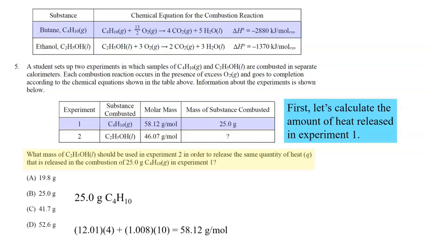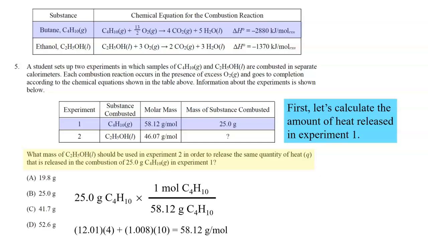and then based on the information from the periodic table, as well as the molar mass that's given in this question, there are 58.12 grams of butane for every 1 mole. So now that we've converted from grams of butane into moles of butane, let's look at the coefficient for butane in the combustion reaction. So in the equation, there is a coefficient of 1 for the butane.